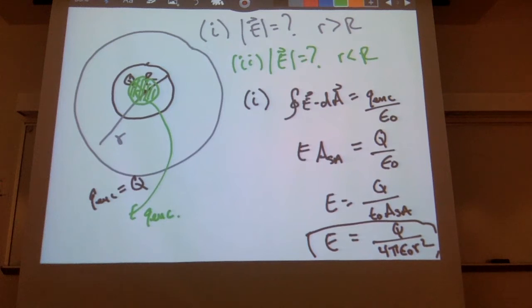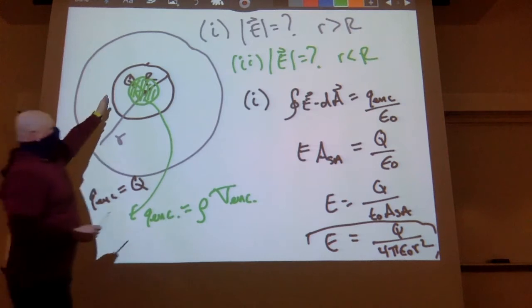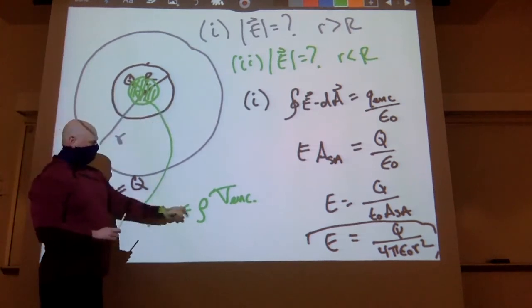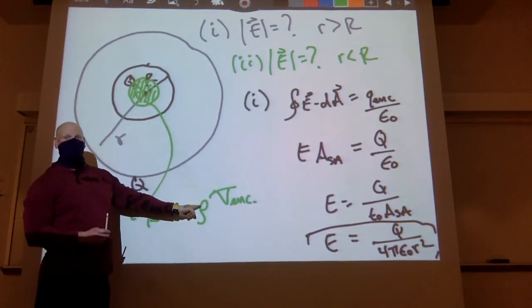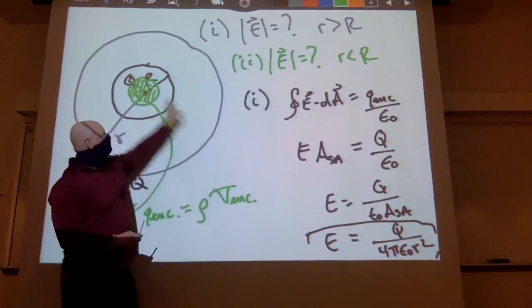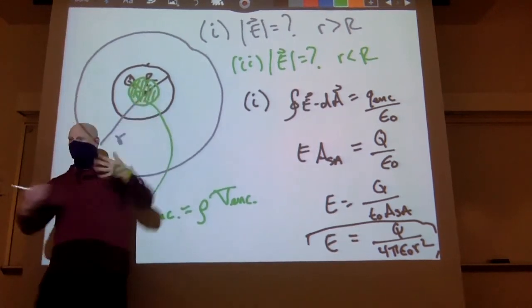We're okay with this? So that means that Q enclosed is equal to the charge density times the volume which is enclosed inside of that sphere. Does this make sense? So if this has charge uniformly distributed throughout the entire thing, this is constant. So every cubic meter has exactly the same amount of charge. So if I know the charge density and I multiply by the volume which is contained here, then I know the total amount of charge.